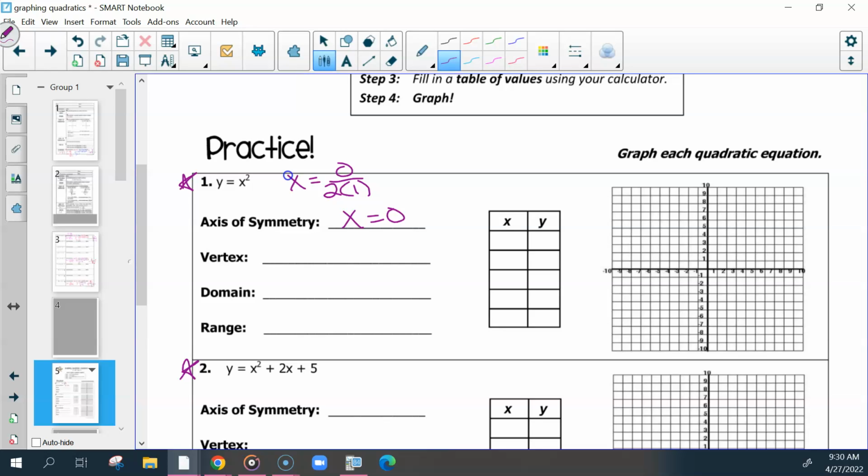If we put 0 into our x, what would y be? 0. So our vertex would be the point 0, 0. You're going to take that vertex point and put it in the middle of your table.